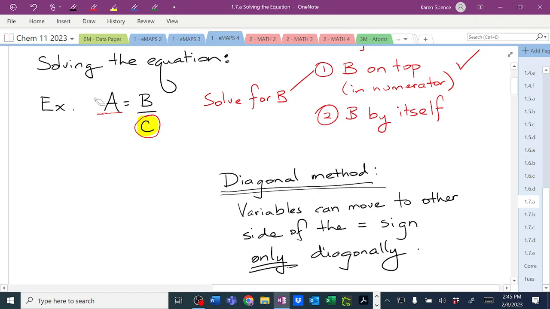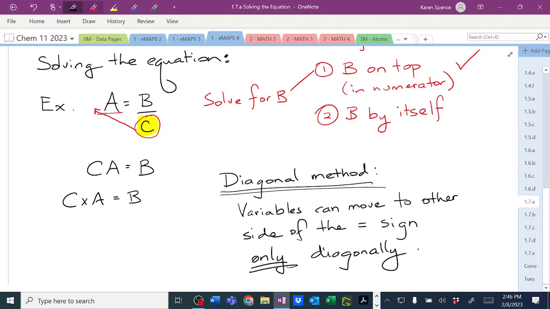So what I'm going to do is move the C diagonally up. Okay, and now it is in the numerator. C A equals B. This would be the same as writing C times A is equal to B. The times sign is optional.